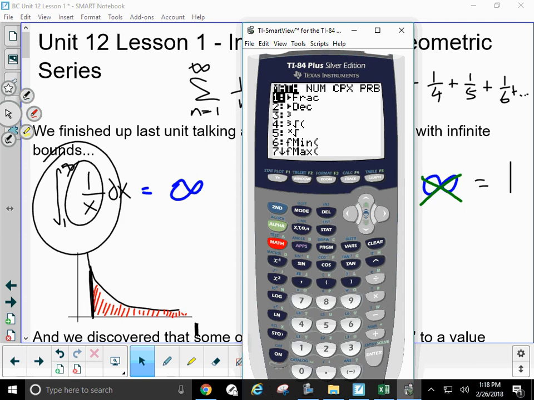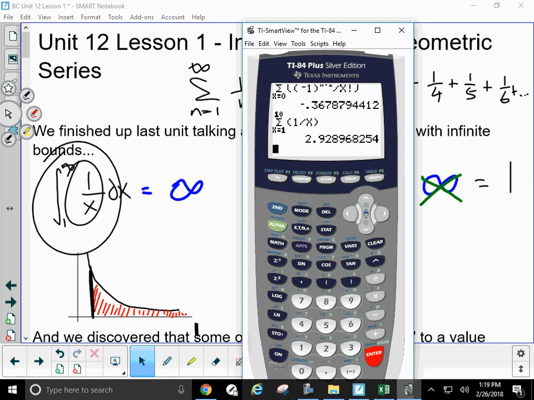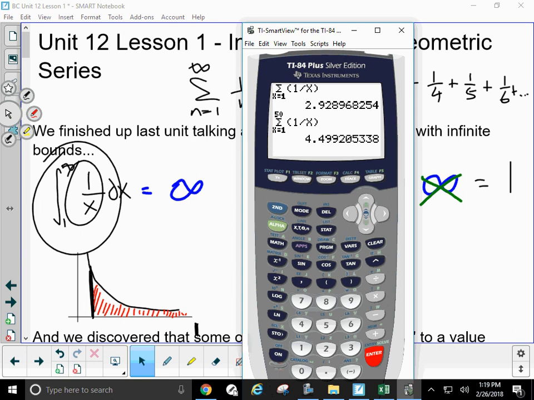Yep, sometimes you break your calculator doing some of this work. If I start at 1 and let's say go to 10 of 1 over x. All right, 2.928. Okay, great. Let's go to 50. All right, 4.499. Maybe I'm getting closer to 5.